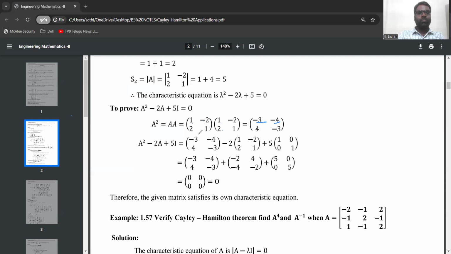Again, multiplying second row with first column, 2 into 1 plus 1 into 2, so we are getting 4. Next, multiplying the same row with second column, 2 into minus 2 is minus 4 plus 1 into 1 is 1, so we are getting minus 3 here.